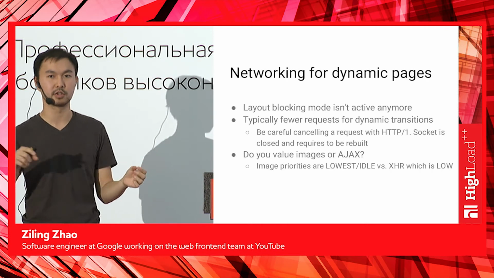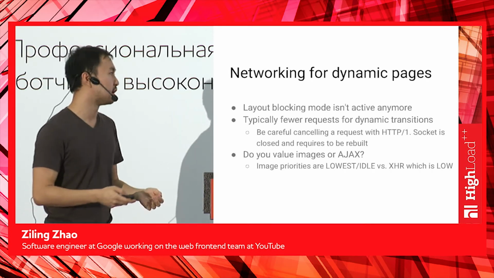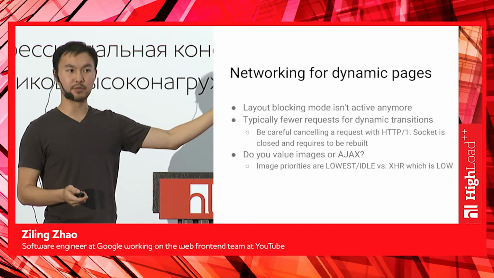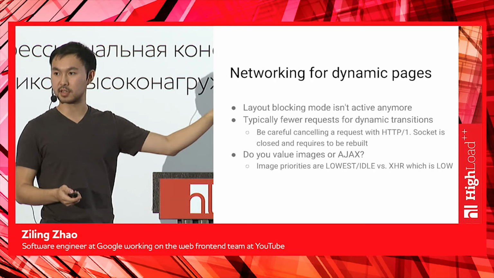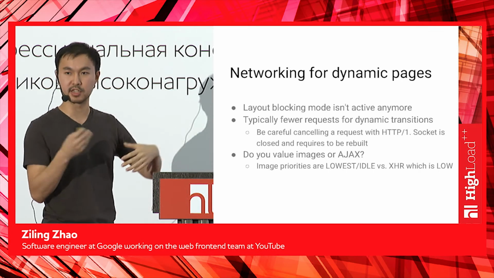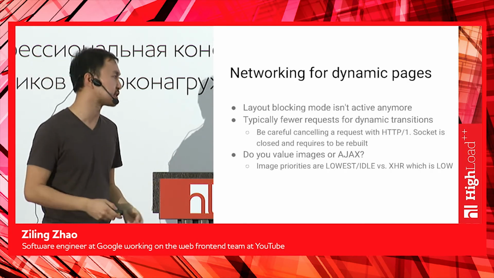So if you're delay loading JavaScript, it could block your images. And of course, in HTTP1, if you cancel a request, it shuts that socket down. That can be really bad. If you need that later, it has to redo the handshake. It has to redo any SSL stuff.